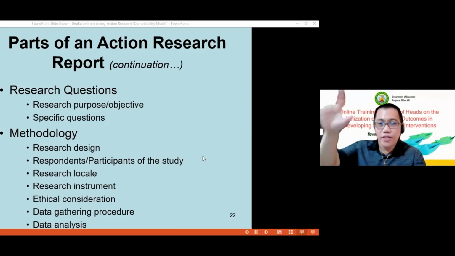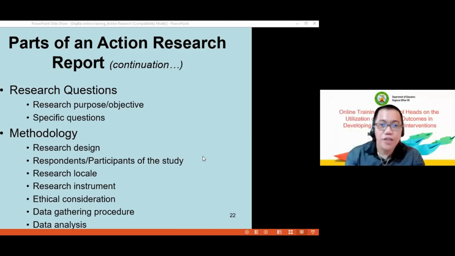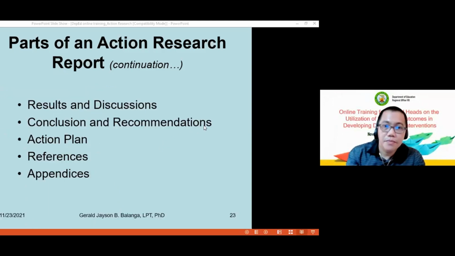So all these things form part of the methodology. Then, of course, you have the results and discussions, conclusions and recommendations, and of course, the action plan. That's very important. Then references or the bibliography, then your appendices.